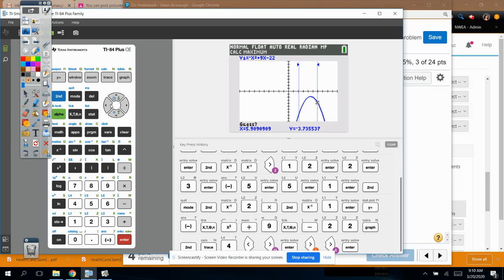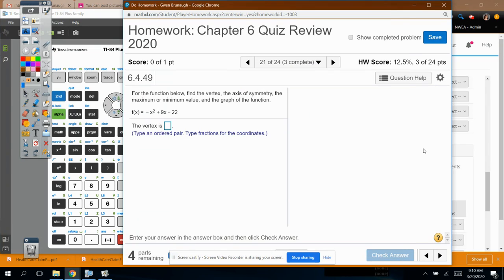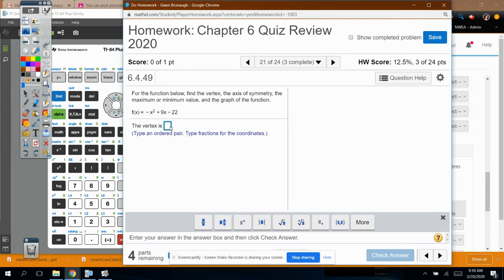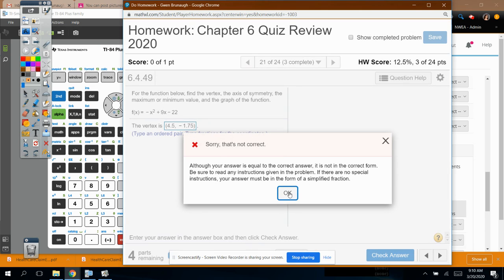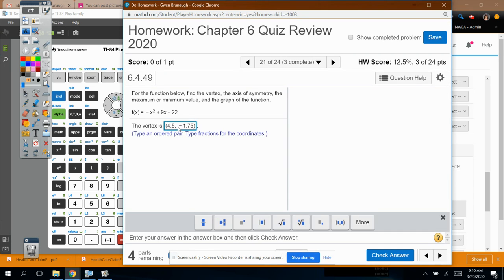Enter, and then I don't need to guess here, but I will just because I want to. It looks like 4.5, negative 1.75. Oh, they want fractions. Okay.